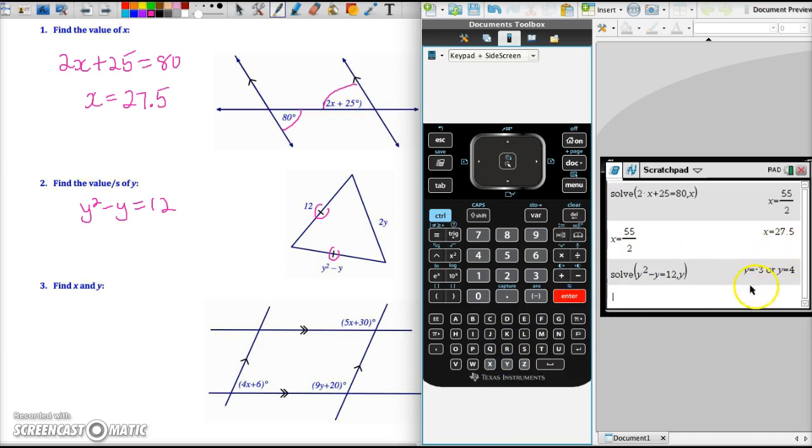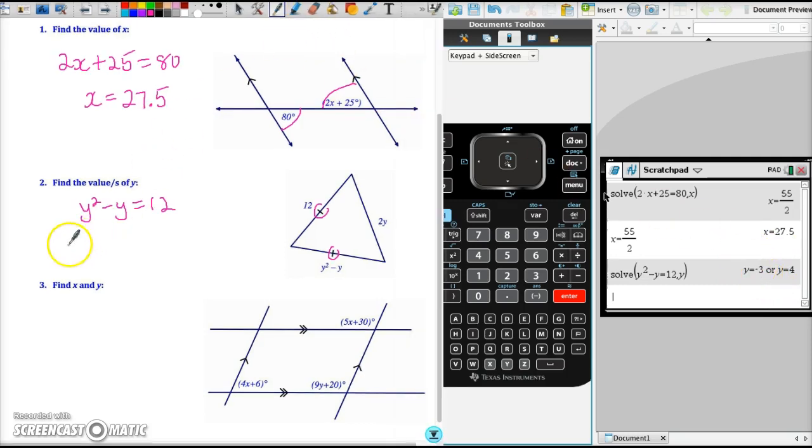Put in the comma and put in y, because this time we're solving for y. We hit enter. Of course, now we're going to get two answers to the equation because it's quadratic. So y is minus 3 or 4. Come back over here, y is equal to minus 3 or 4. And we must now test whether these answers are acceptable or not.